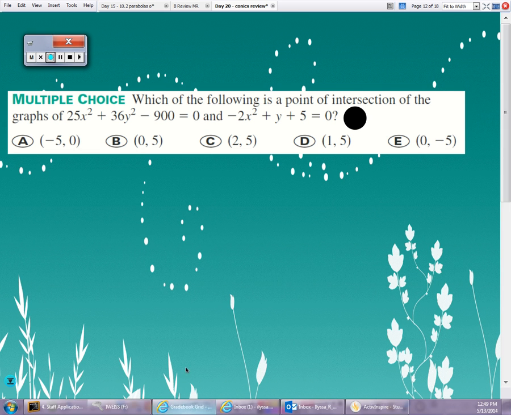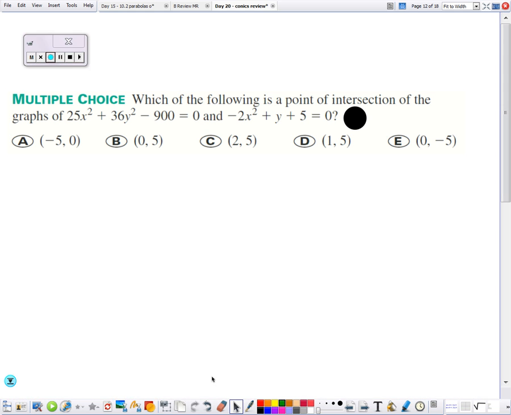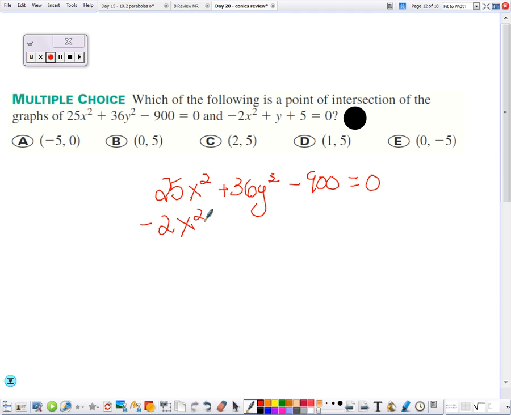All right, another intersection. I'm going to line these up. That does not look like a nice elimination. I mean, it works as elimination.